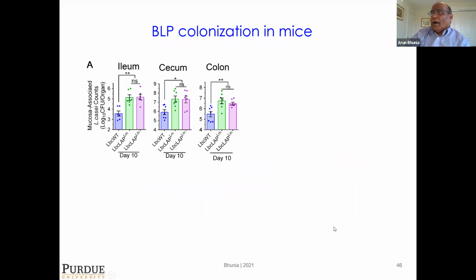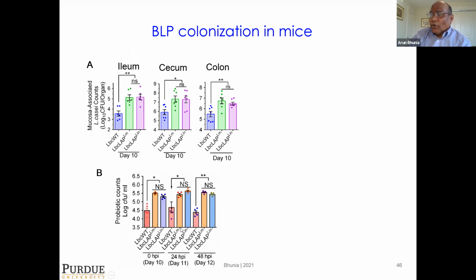The first thing we wanted to establish is, do they colonize in the mouse gut? If you look at the ileum, cecum, and colon, you can clearly see good colonization in 10 days. We sacrificed those animals and looked at those bacterial counts. We also looked at, even after LM challenge, they're colonizing very well. You can see these bioengineered probiotics.